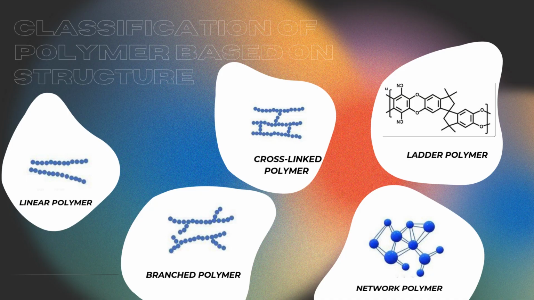And lastly is network polymer. The structure of network polymer is highly cross-linked to form an extensive three-dimensional network throughout the material. Properties: it is very hard, infusible and brittle.